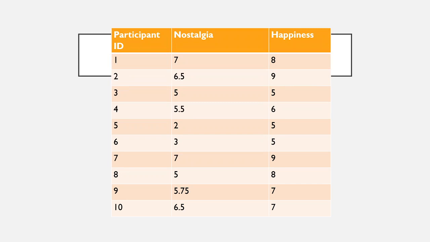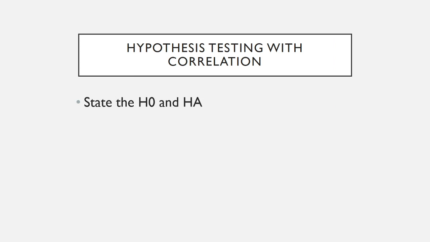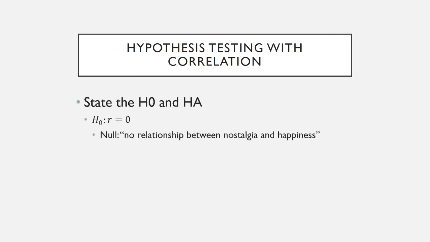So I'm just going to refer back to the practice problem from the last slideshow where I was looking to calculate the correlation between this hypothetical data associating nostalgia with happiness. So in the case of this particular hypothetical, if I had set up the hypotheses to be a non-directional test, my null and alternative hypothesis would look like this, right?